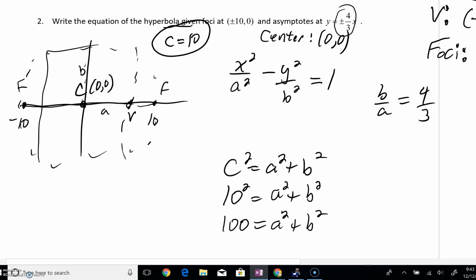And you could say, well, oh my gosh, what can I do here? Well, if you just multiplied both sides by A, B would be 4/3 A, and I can plug it in to find out what A and B really are equal to. Because chances are your slope has been reduced.